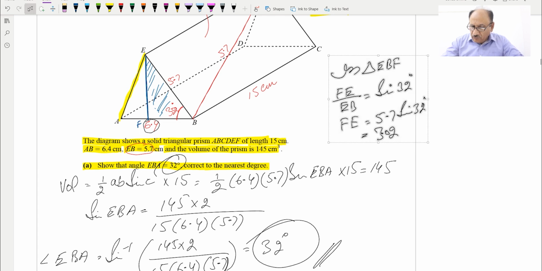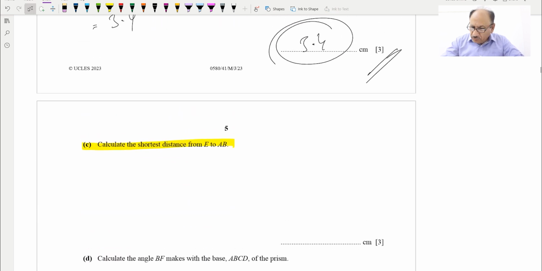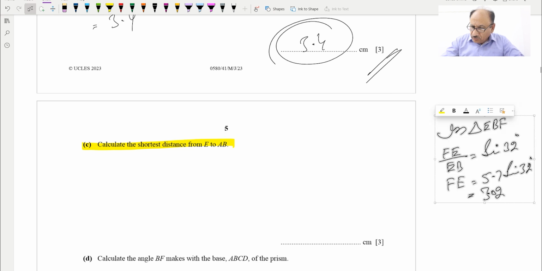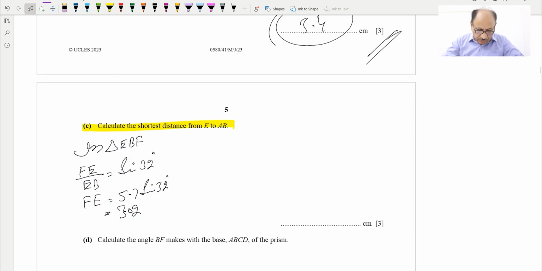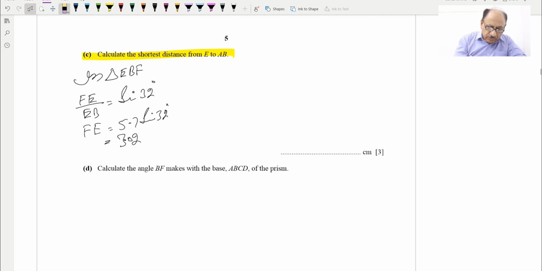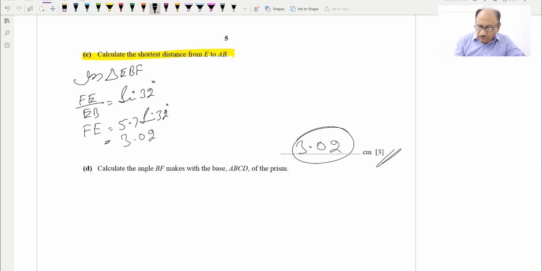Done. 3.02 will be our answer for 3 marks.